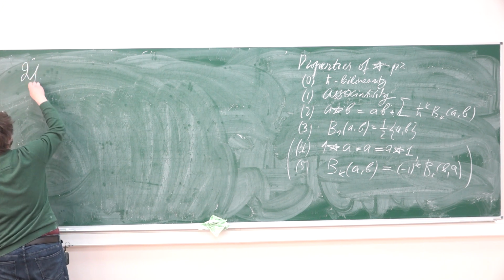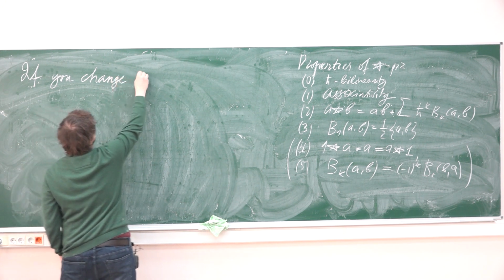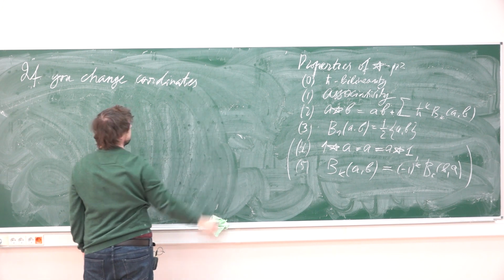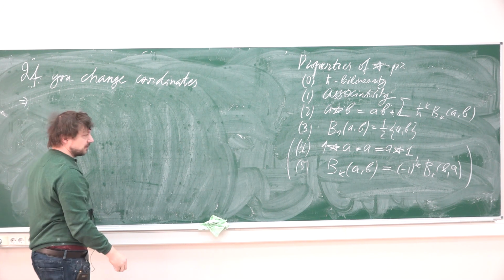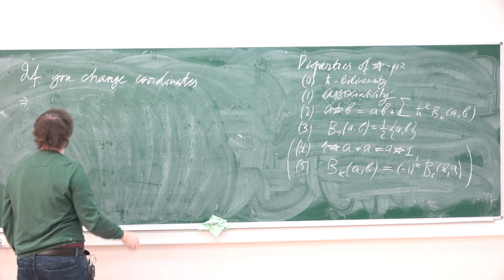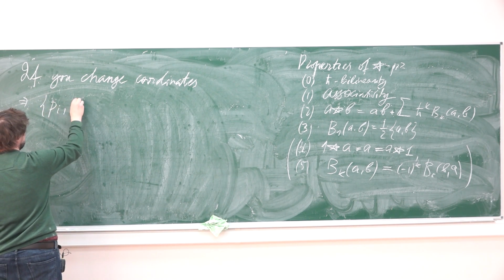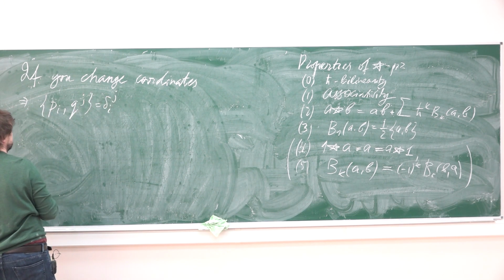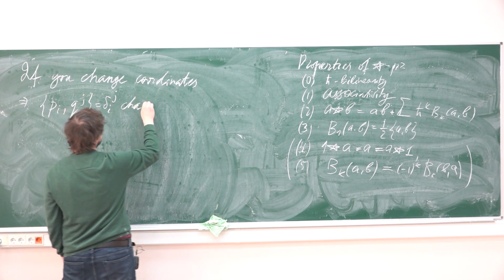So if you change coordinates, then your Poisson bracket ceases to have constant coefficients. For instance, if you had this equality, p_i, q_j is equal to delta_ij, right? Suppose we had this condition. Then it will change to something totally different.